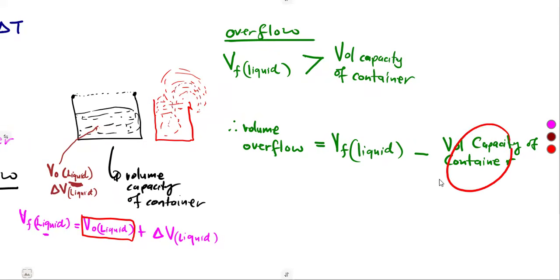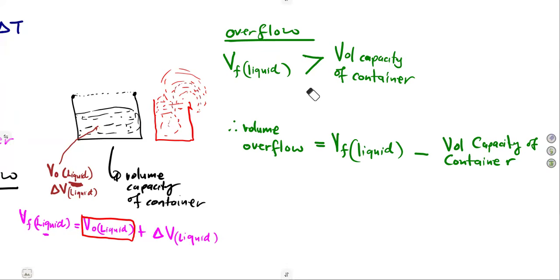The volume capacity of the container, either they will give you, or you'll be given dimensions where you're supposed to calculate the volume. Remember, we talked about this, guys. A container can be in the cylindrical form, can be a rectangular prism. You go back to those formulas that we stated that you can use when calculating your volume.